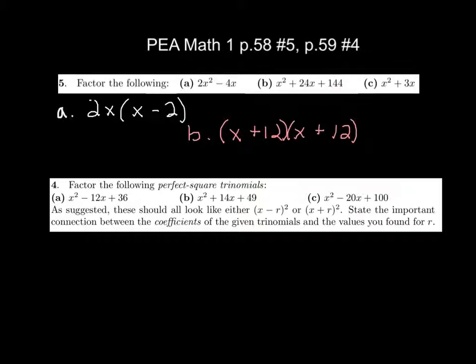Now the only thing you have to check is to see if you multiply your outside terms, see what you get there, that's 12x. Multiply these inside terms, that's also 12x. When you add those together, you have to get 24x. So now if you multiply this all out, you get x times x, which would be x squared. I'll do that up top.